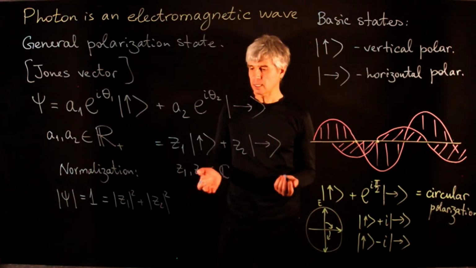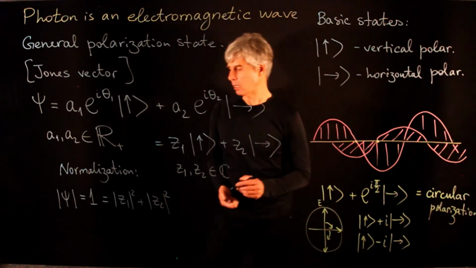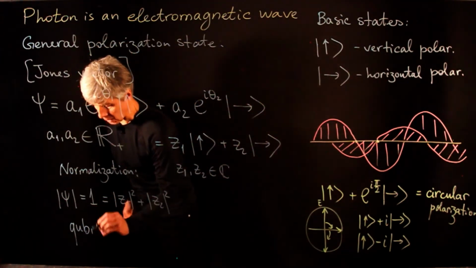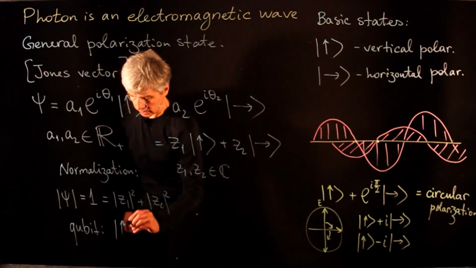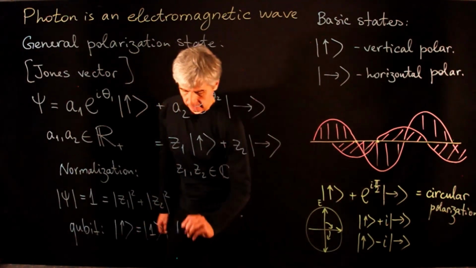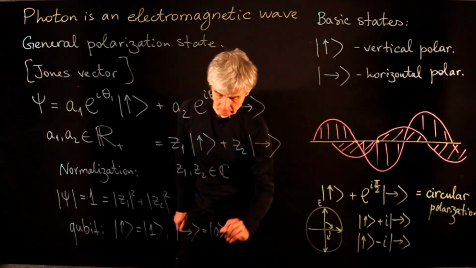And so this becomes a possible physical implementation of a qubit. Here we can interpret the vertically polarized state as 1 and the horizontally polarized state as 0.